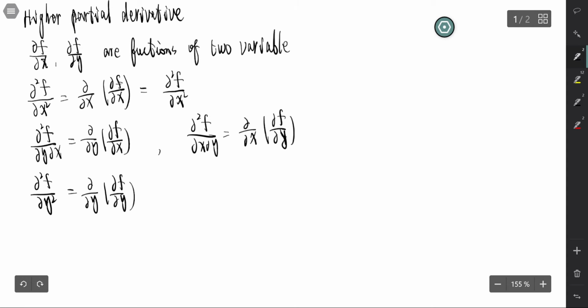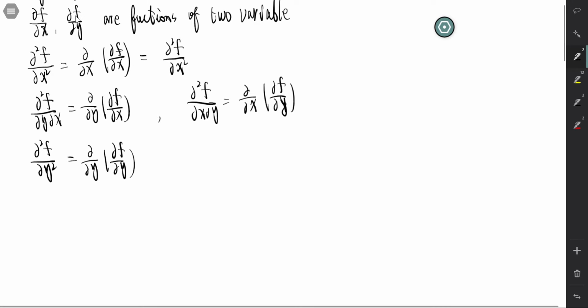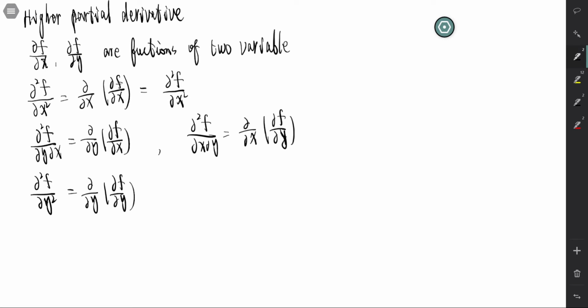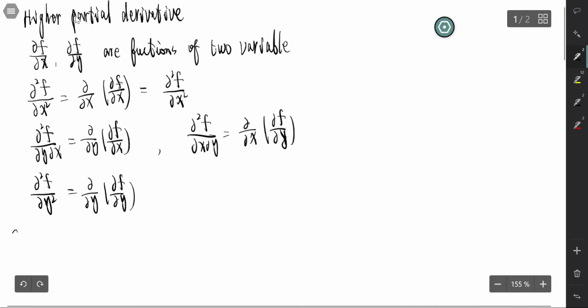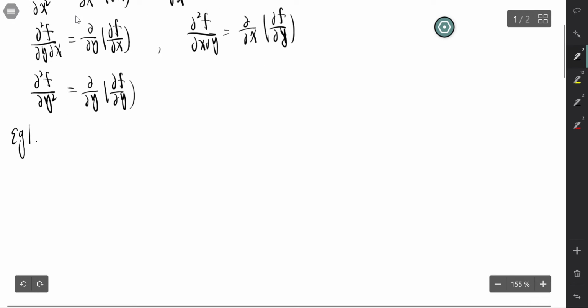There's nothing new here; we just use the method for single variables. So let's look for the higher order partial derivatives of f(x,y), supposing f is the same as before.